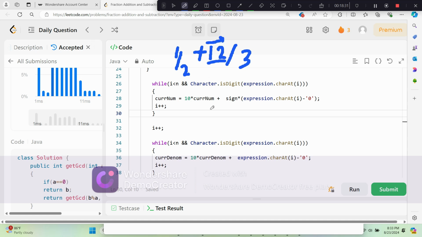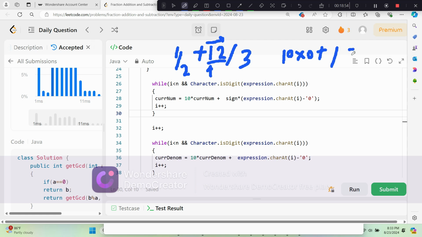So initially curnum is 0, right? So curnum is equal to 10 into curnum. So it would be 1, right? First of all, it is 1. So it would be 10 into curnum, which is 0, plus what is the char at i? So this is 1, right? So char minus '0' will give me the numerical value.